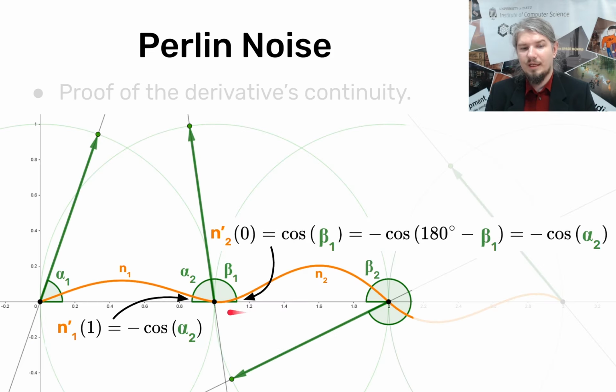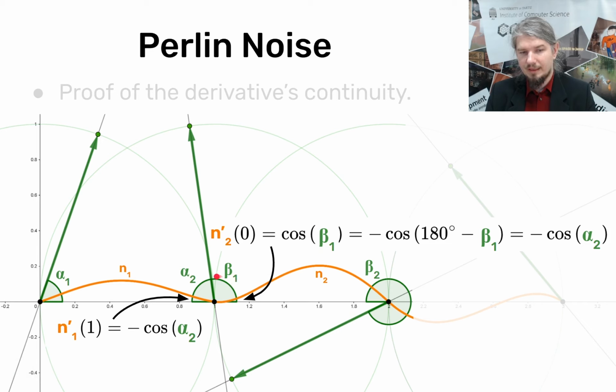And now let's look again at what happens at this knot. So if you approach from the left here, we're going to have the derivative minus cosine alpha 2, because it was minus C2. So it's only dependent on this angle here. But if we approach from the right here, then we get the derivative at 0, and the derivative at 0 for this segment will be cosine beta 1.